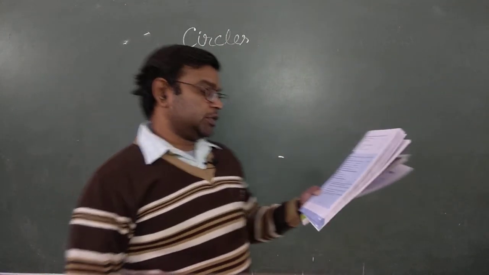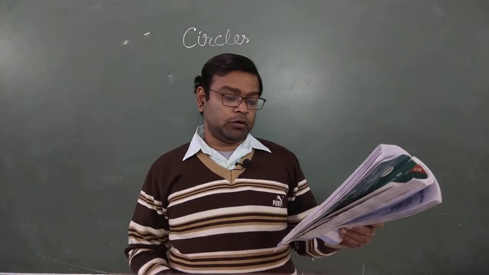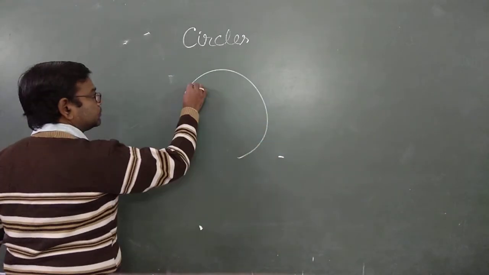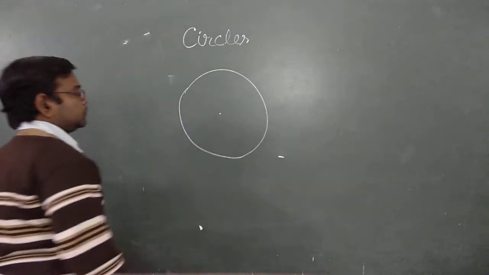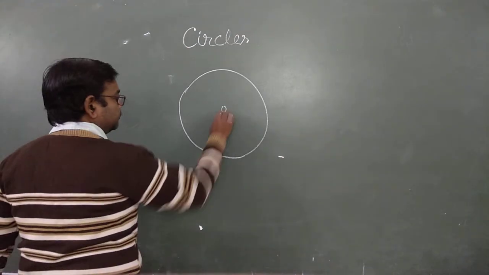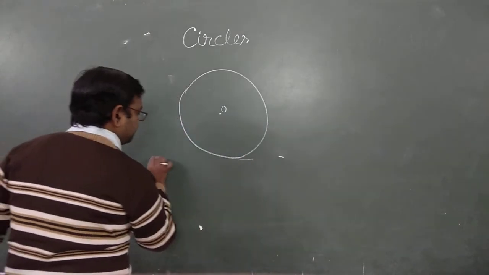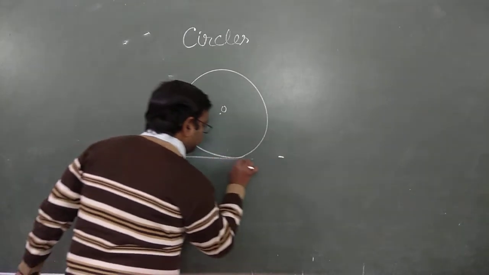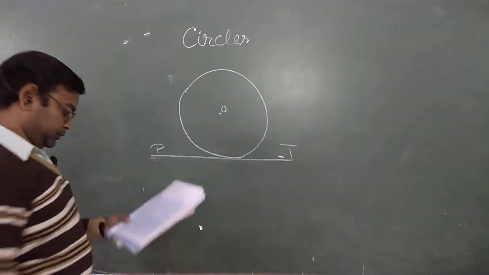The question says that in the given figure below, PT is a tangent to the circle with center O. So suppose we have a circle with center O, and there is a tangent, name it PT.